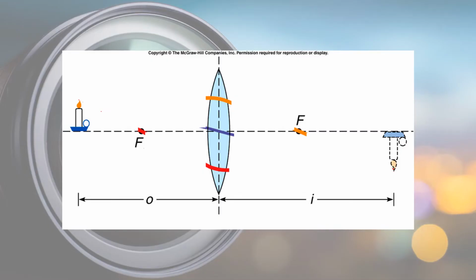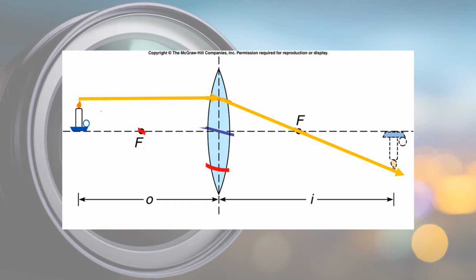How does a convex lens produce an image? Suppose the candle on the left is the object. When light rays leave the object and travel parallel to the principal axis, they will be refracted towards the focal point.